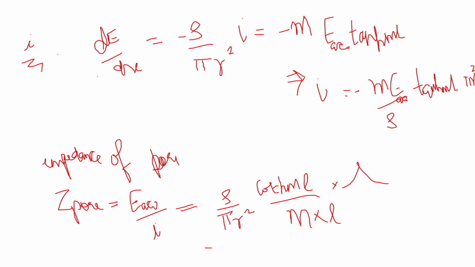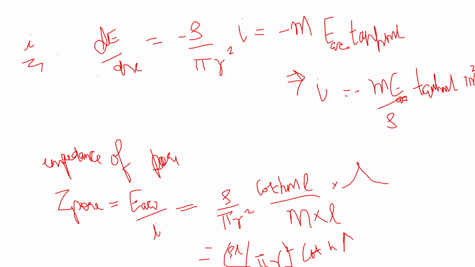Now what I'll do is I'll multiply by L in the numerator and denominator, and then I'll just rearrange it. That is rho L by pi r square, and you have coth h.